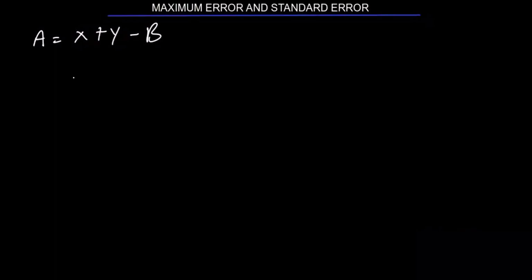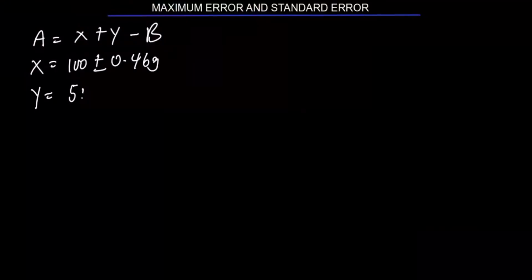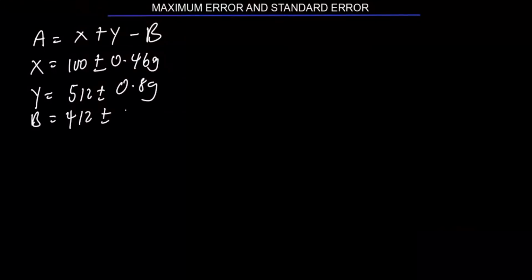Now, let me take for instance that you have x equal to 100 plus or minus 0.46 gram, and you have y equal to 512 plus or minus 0.8 gram, and b is equal to 412 plus or minus 10.0 gram. Now, I want you to find the standard error in A and also the maximum error in A. So the question is find the standard error in A. Let me write it forward.